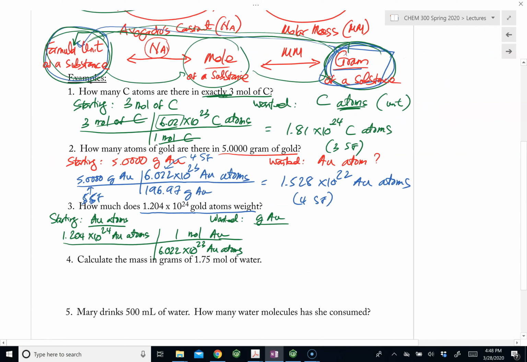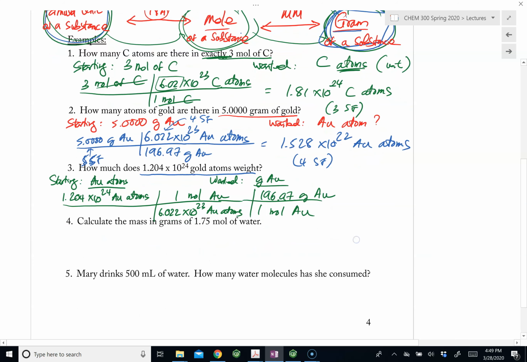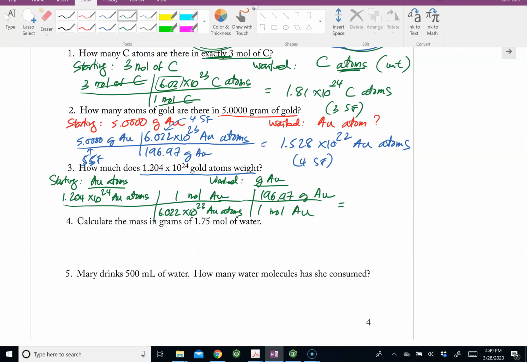So that's how we get to the step here in the middle, mole of a substance. The substance here is the gold. And now for every 1 mole of gold, it will then weigh 196.97 gram of gold. So that's how we would set up this problem.